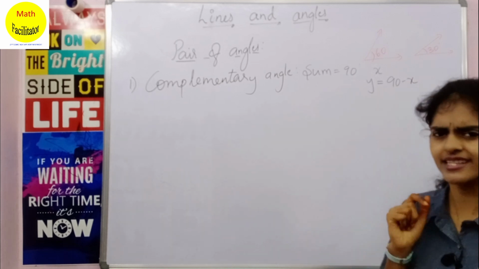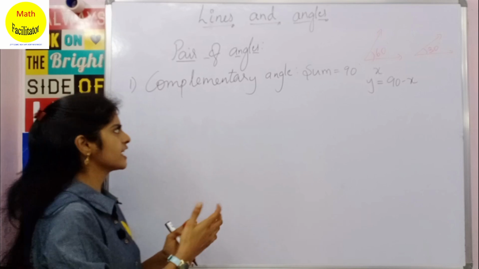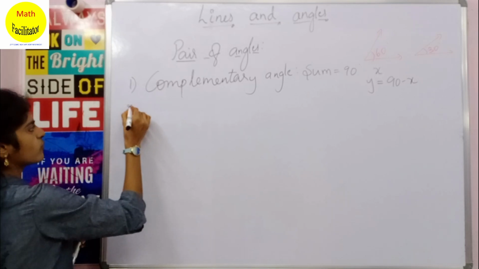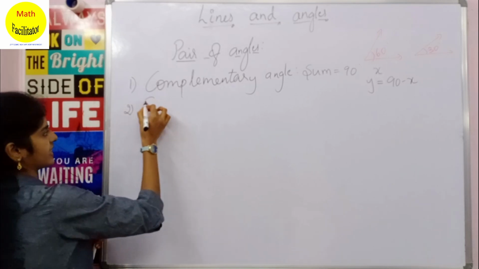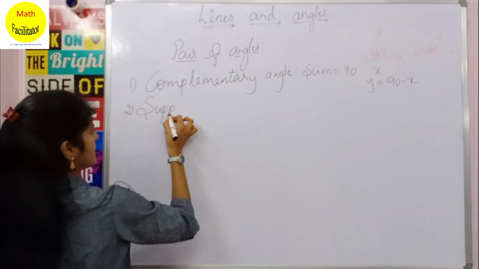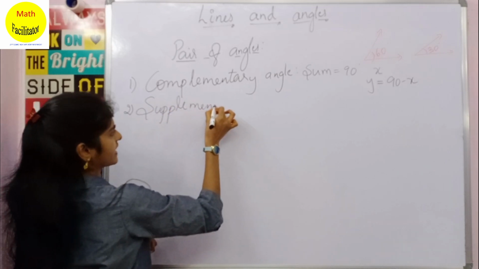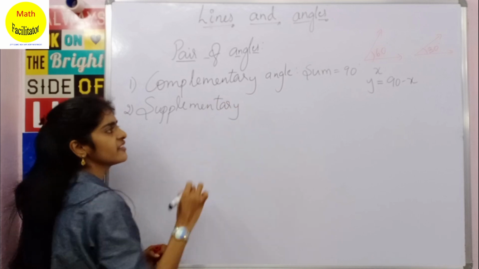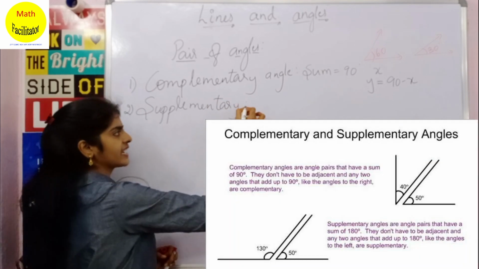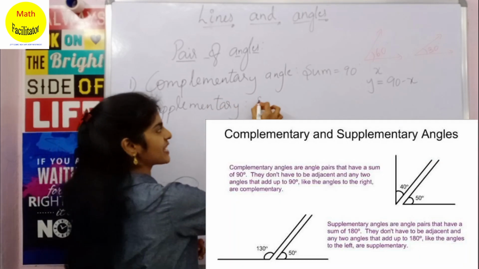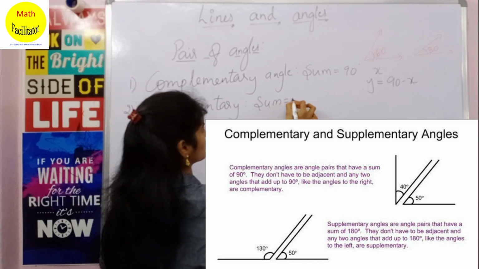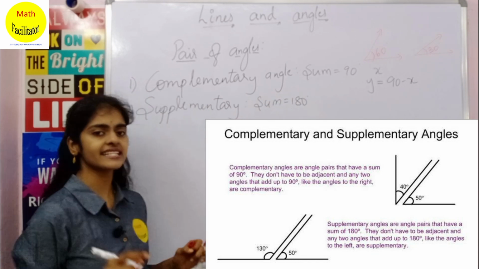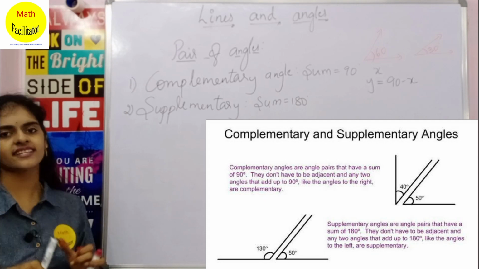Which you have already learned in your class 7. Clear? Now the next type of angle is supplementary angle. Now recall what is a supplementary angle. Supplementary angles are angles whose sum is 180. If the sum of two angles is 180 degrees, then such angles are called supplementary angles.